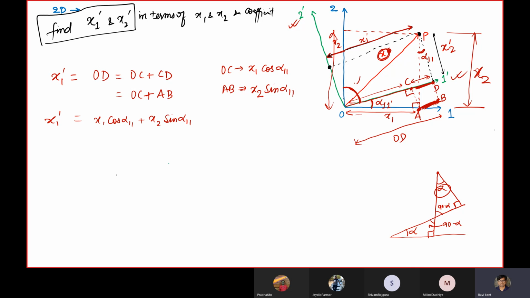Let's suppose this angle is alpha 21. Alpha 21 has some convention: it goes from 2 to 1, and this angle is nothing but 90 minus alpha 11.